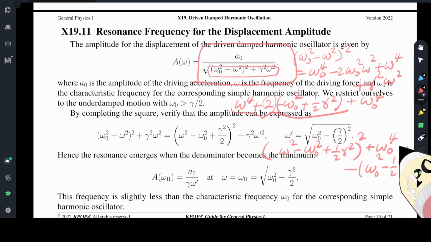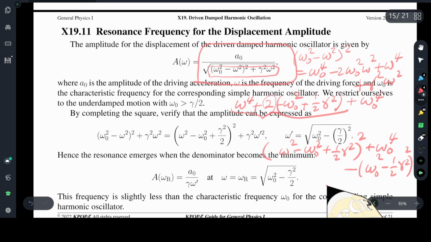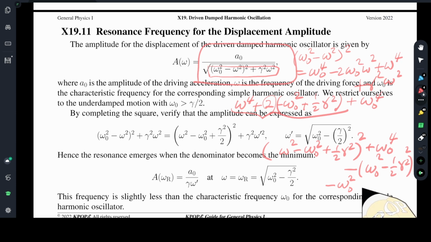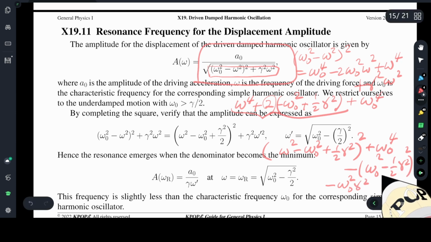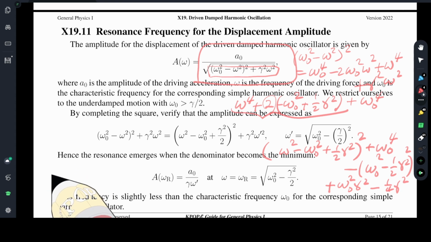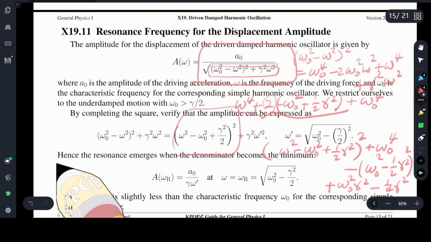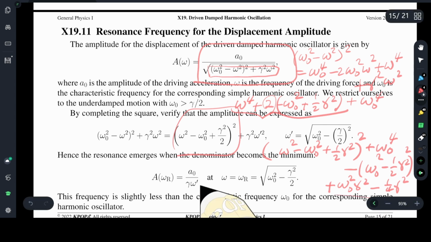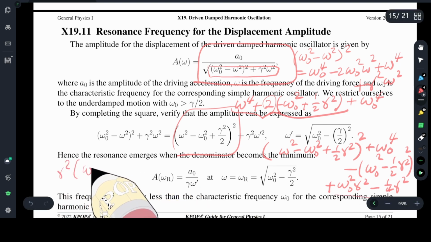So we can simplify this: expanding, the leading term disappears, and it becomes minus omega 0 squared gamma squared. The negative sign becomes positive, subtracted by 1/4 of gamma to the fourth. So we can factor gamma squared out, and finally we have the expression gamma squared omega 0 squared minus 1/4 gamma squared.